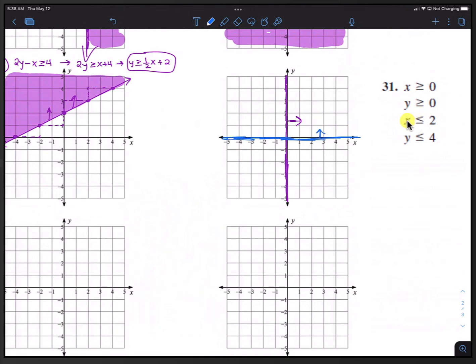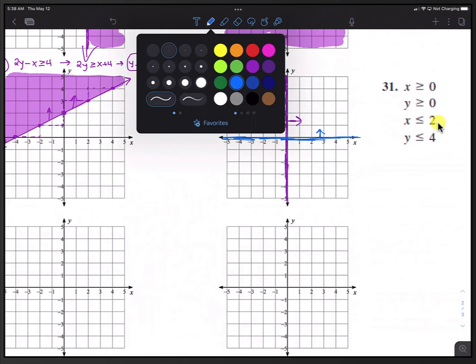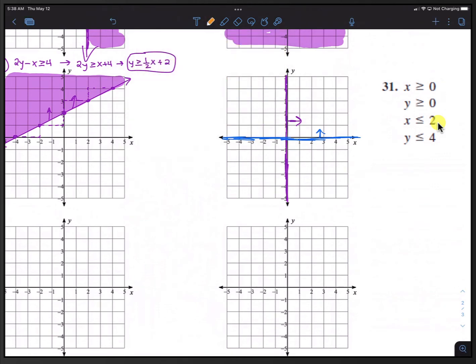All right, now here we have x is less than or equal to 2. If x is equal to 2, it's going to be a vertical line. So let's draw a vertical line at 2. And again, it's solid. And since it says x is less than that, then that means we have to shade to the left of that one. Okay. All right.